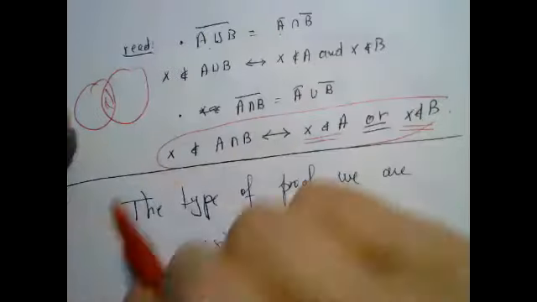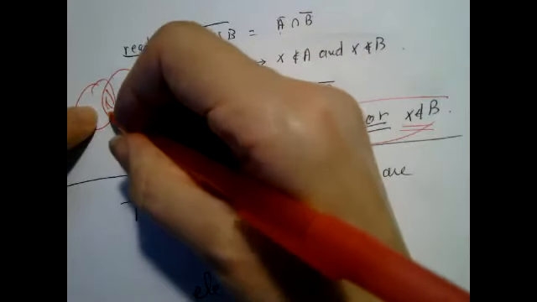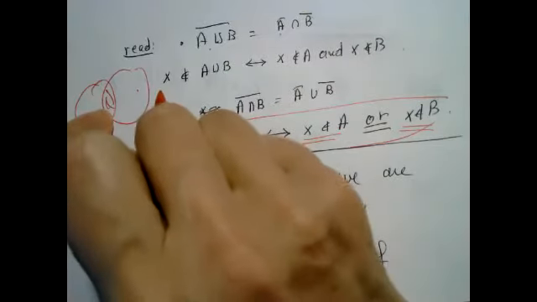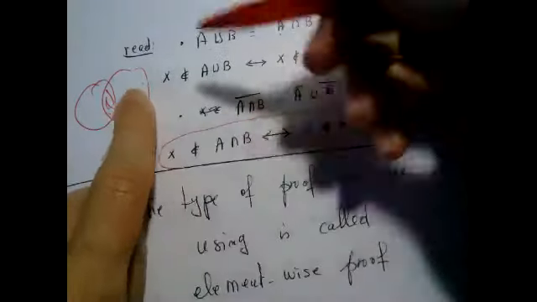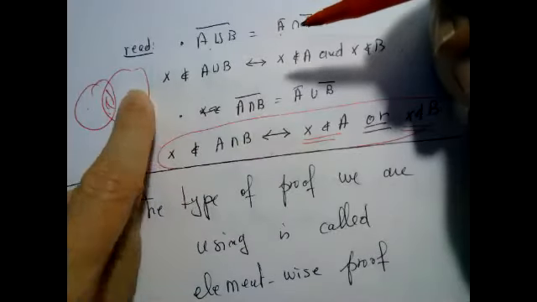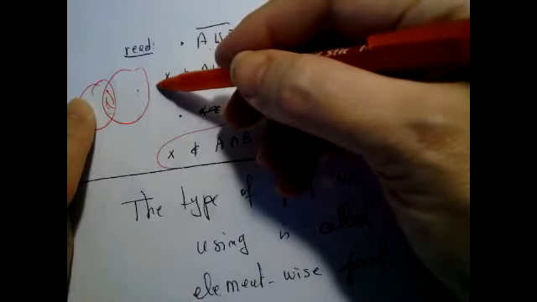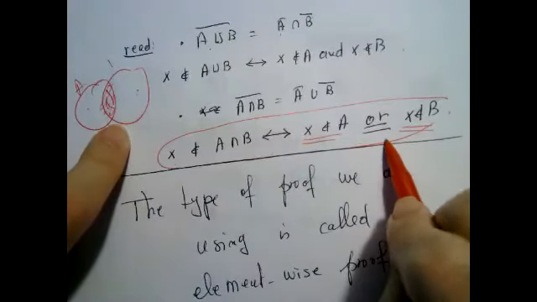I could still be in B, but not be in the intersection by avoiding A. And I can still be in A, but not be in the intersection by avoiding B. So not being here means either I am not in A or I am not in B.